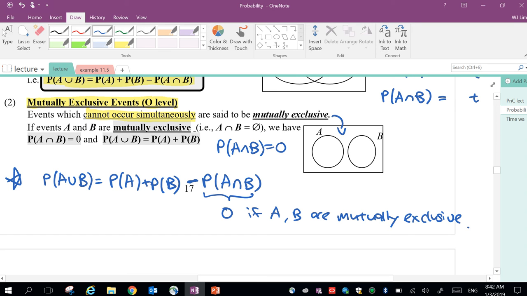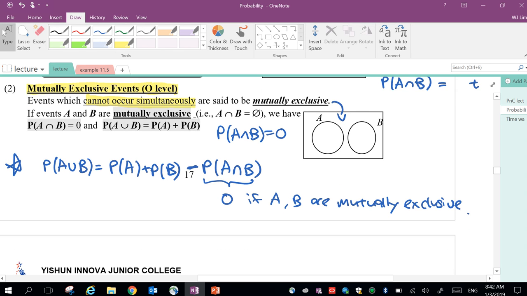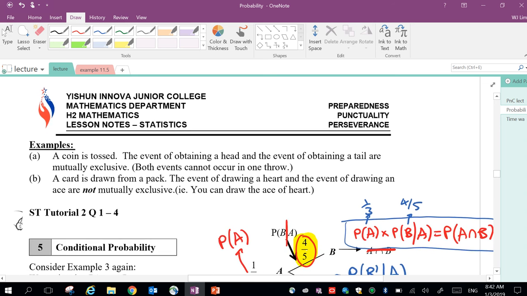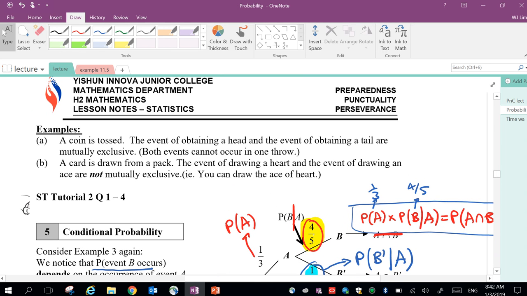So this is for section 4. Pretty simple. What are some examples of mutually exclusive events? A coin is tossed. Obtaining a head and obtaining a tail are mutually exclusive, meaning they cannot happen together.